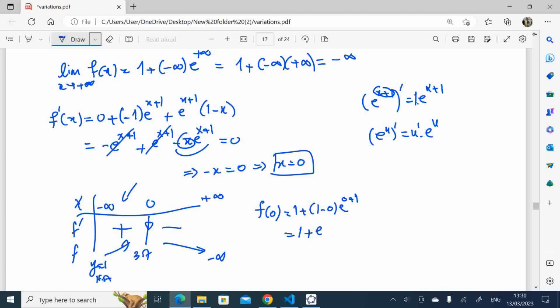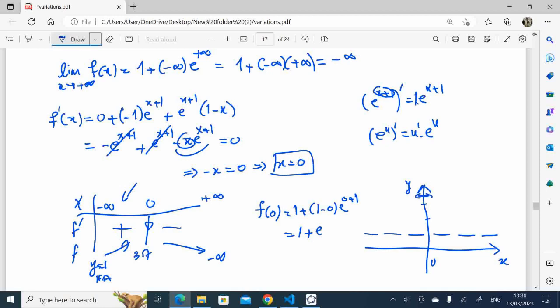If I draw the graph here, this is the y-axis and this is the x-axis. We have y equals 1 horizontal. We have a maximum at (0, 3.7), almost here, so this is the maximum.